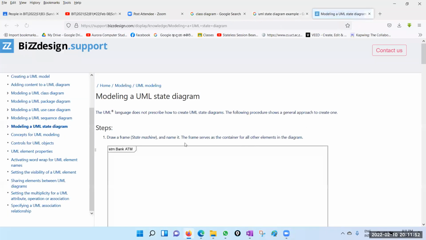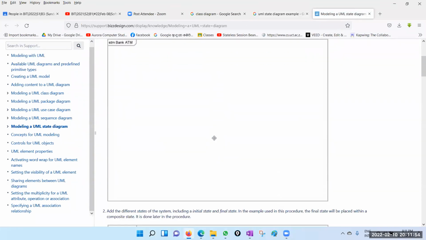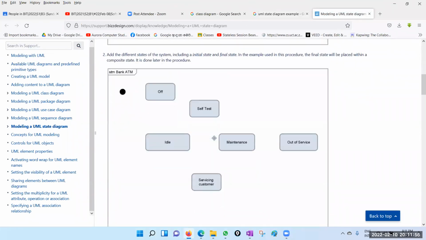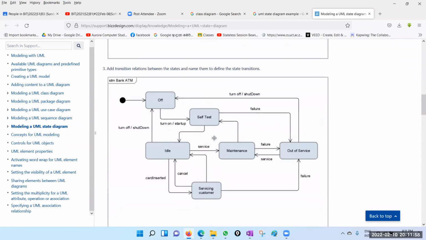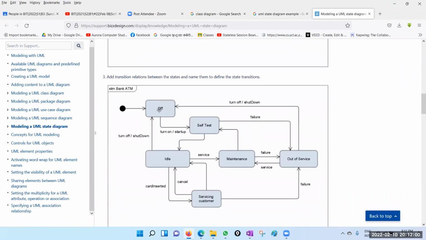So this is a state machine or state diagram for some sort of a device. You can see off, self-test, idle, servicing the customer, out of service. These are the states that an ATM, bank teller machine, can go through.